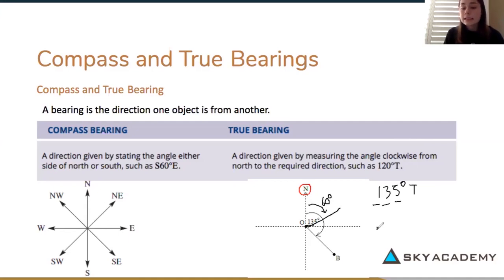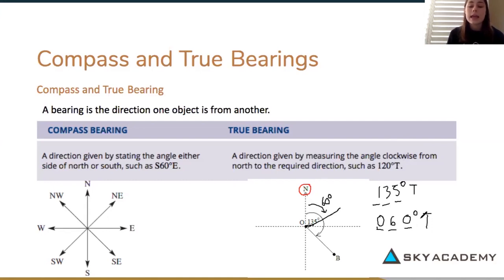And 60 only has 2 numerical places. So I have to put a 0 out the front to give me my 3rd place. If I don't include the 0, I won't get a mark for that exam question. So they are very strict on this, and it's not a place you want to be losing a mark.